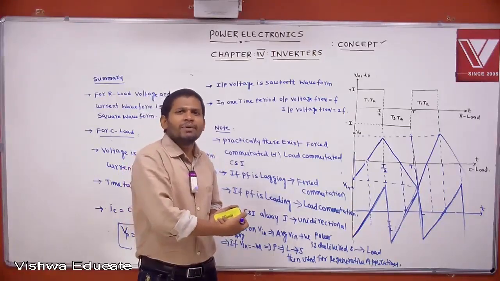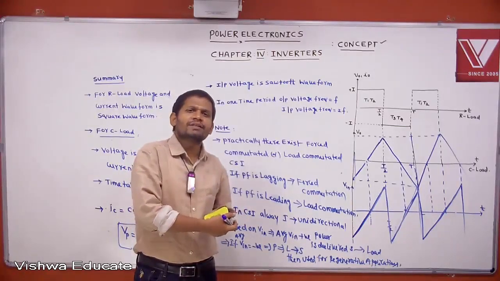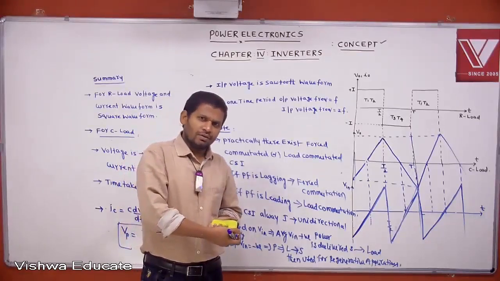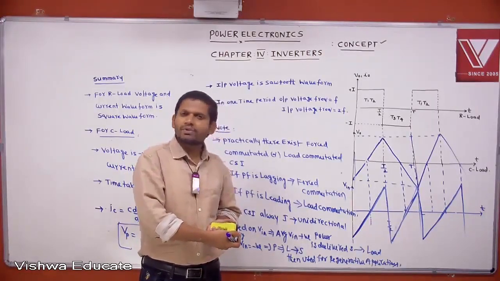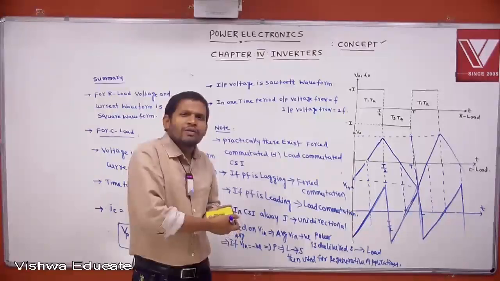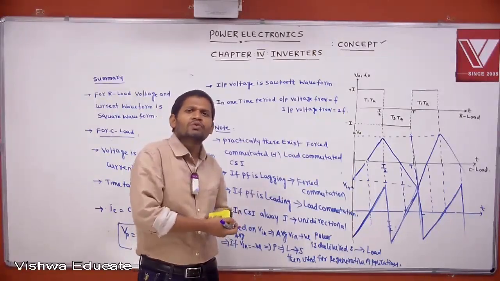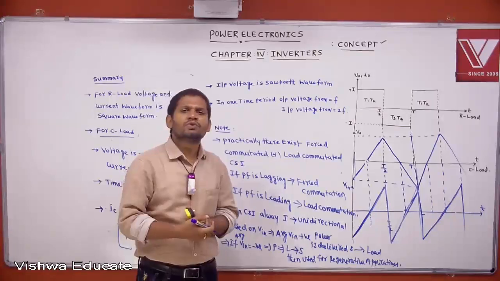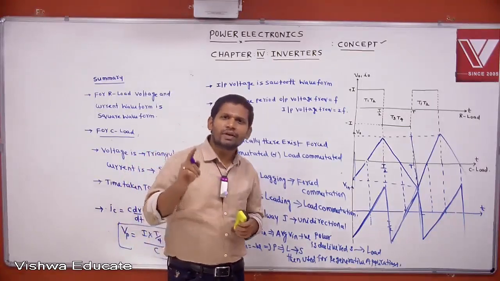But here I am telling that in a current source inverter there exist forced commutated and load commutated current source inverters. First I want to give an example of a forced commutated current source inverter, then the analysis of it.